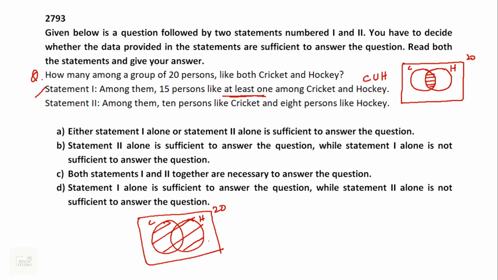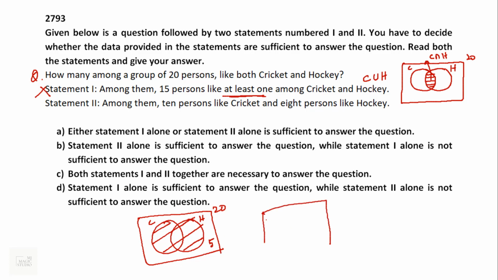From this, we can say that the number of people who do not like playing either cricket or hockey is 5. That is quite easily calculated. But what is the value of C intersection H which we are looking out for? It can't be answered. Statement 1 alone is not sufficient.